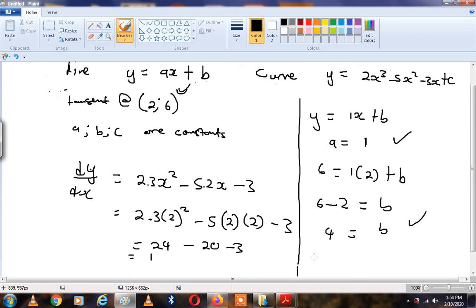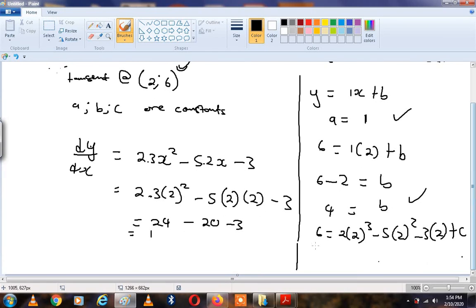So we already know that 6 is y, and x is 2: 2 to the power 3 minus 5 times 2 to the power 2 minus 3 times 2 plus c.